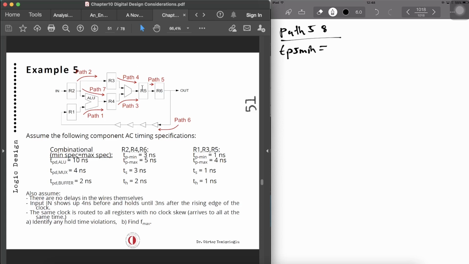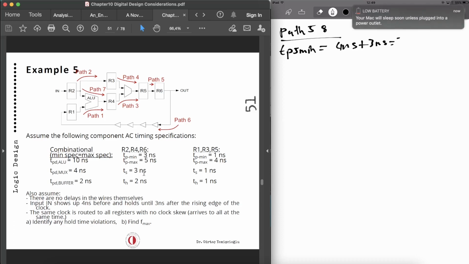Now, path 5 is R5 to R6. We have got R5 max, which is 4 nanoseconds, plus the setup time of R6, which is 3 nanoseconds. Then this is 7 nanoseconds.